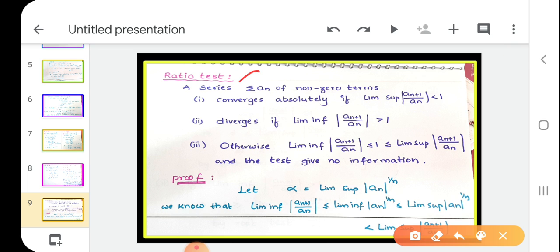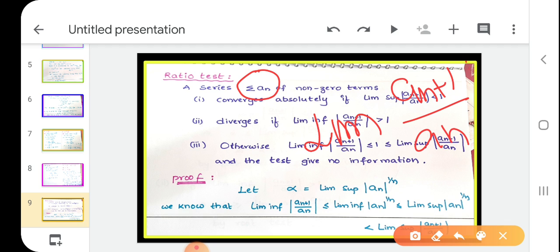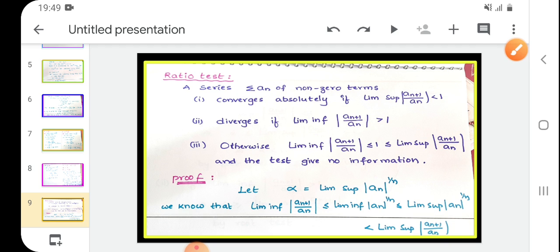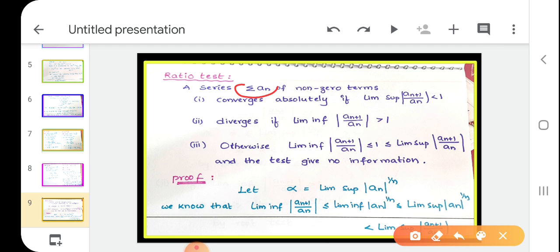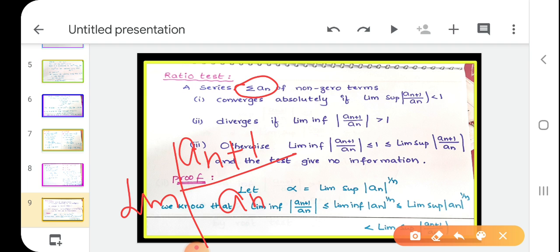What is our series here? Summation an is our given series, but we find the limit value of a(n+1) by an. Here we have the series an only, but we write a(n+1) also as another series, and we find the a(n+1) by an value and find the limit of this fraction.